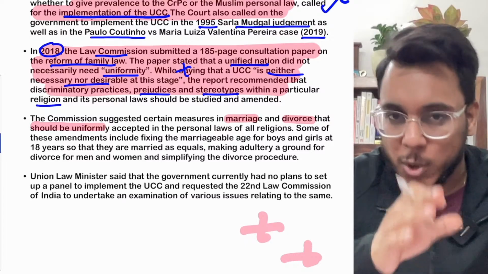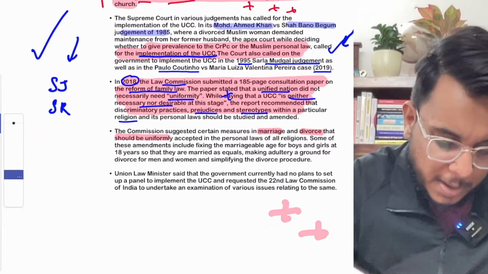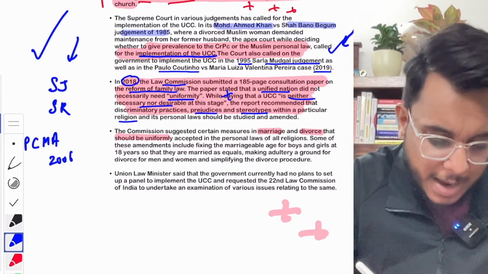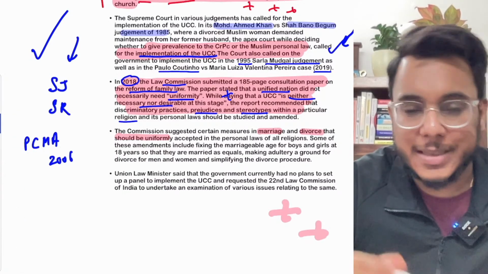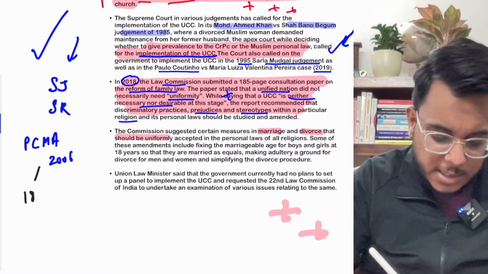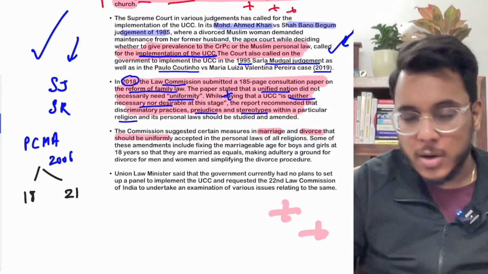For example, guys, I told you, see this: the Prohibition of Child Marriage Act 2006 is a law. Under this law, it's provided that the minimum age of marriage will be 18 years for girls and 21 years for boys.